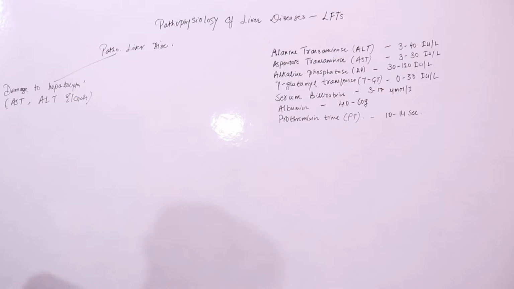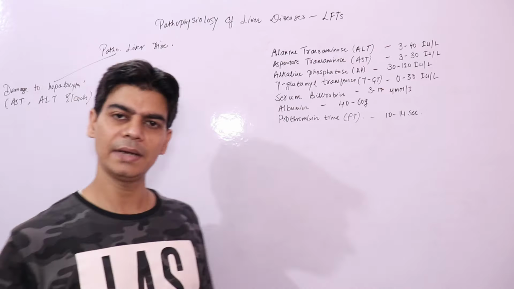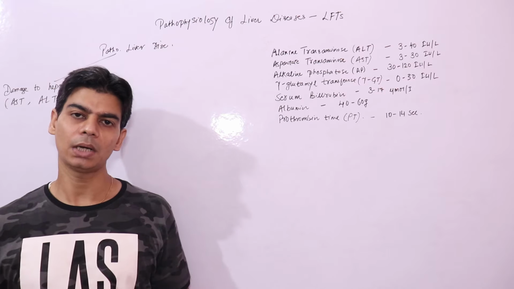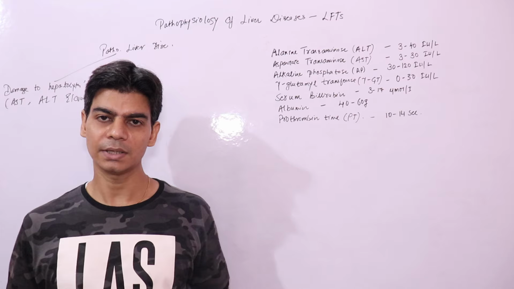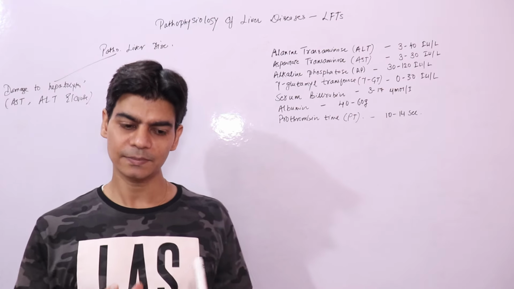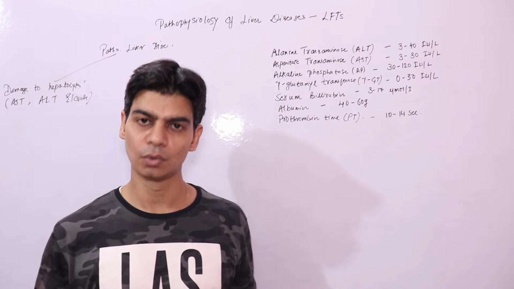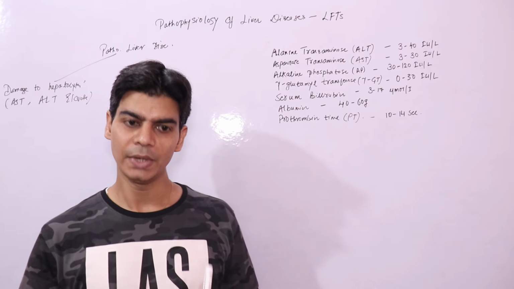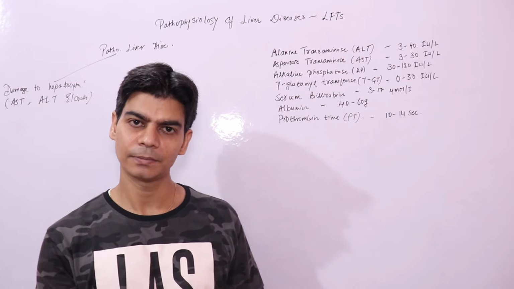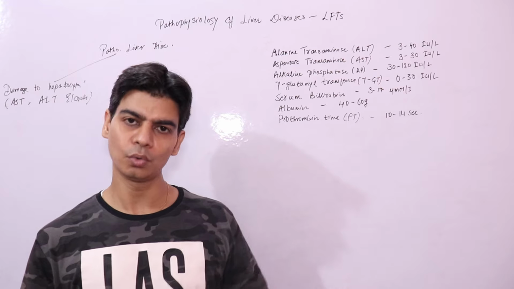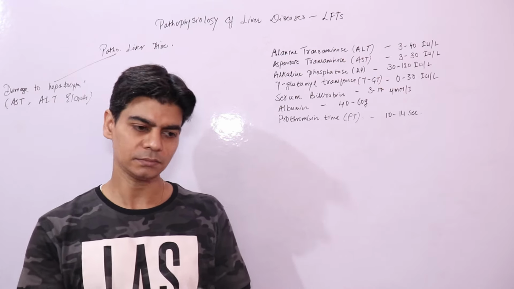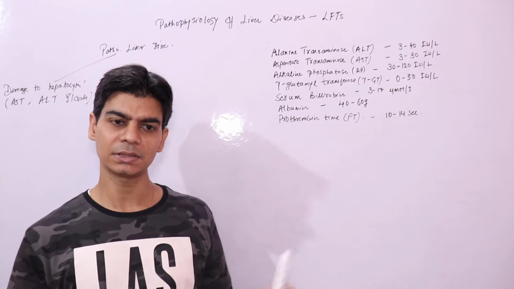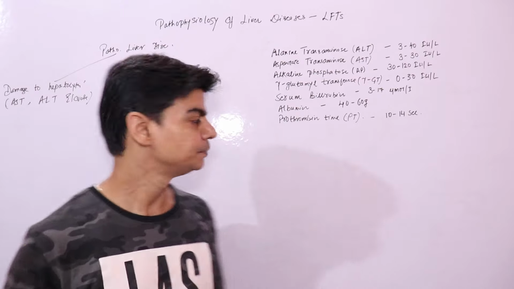Mainly the function of AST and ALT is that they take part in gluconeogenesis. We know that one of the important functions of the liver is gluconeogenesis, where it stores glucose in the form of glycogen and releases it in the form of glucose when required by the blood or by the body. In short, it maintains the blood glucose level.